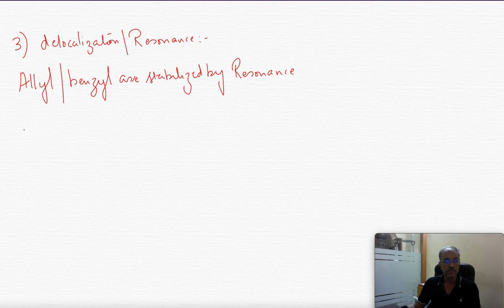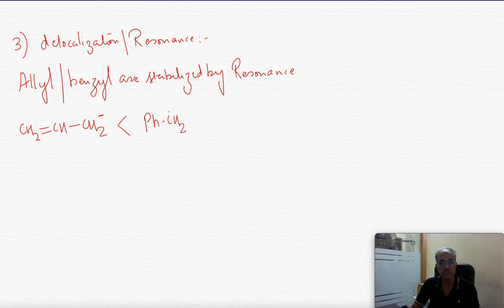Now take for allyl CH2 double bond CH, then single bond CH2 minus. This is lesser stable than phenyl CH2 minus, the benzyl carbanion. This is lesser than phenyl twice CH minus.